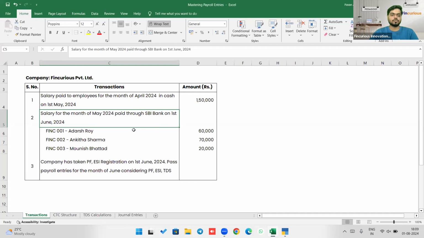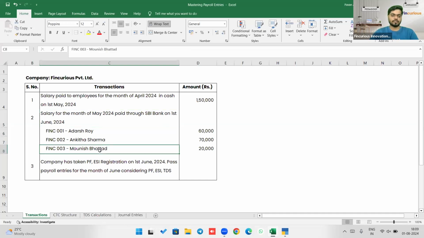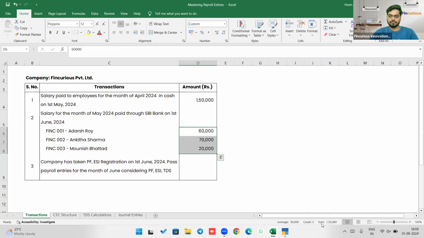So let us do the calculations now. Who are the employees here? Adarsh Roy, Ankita Sharma, Monish Bhattar. If you add these three, 60, 70, 20, that also sums to 1 lakh 50 only. In the previous month also we passed 1 lakh 50 all together, but this month we are going to pass it separately.